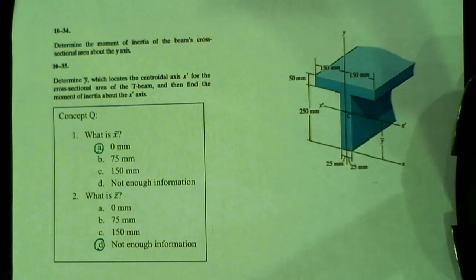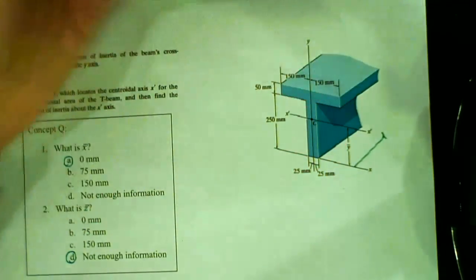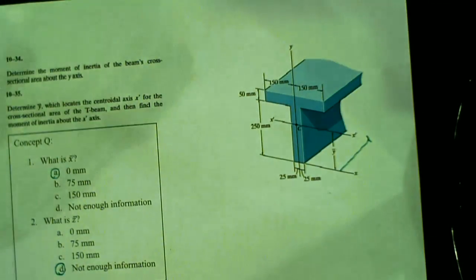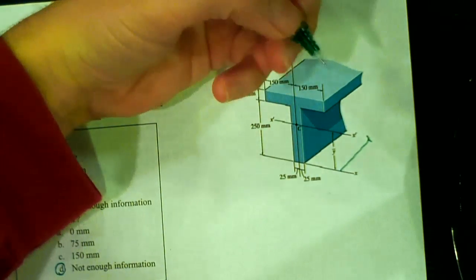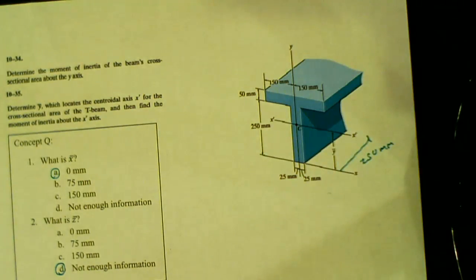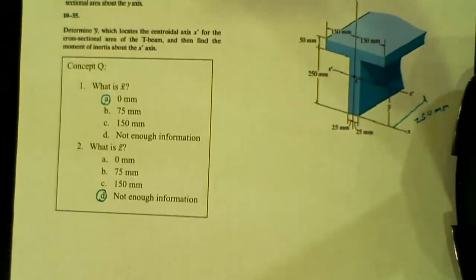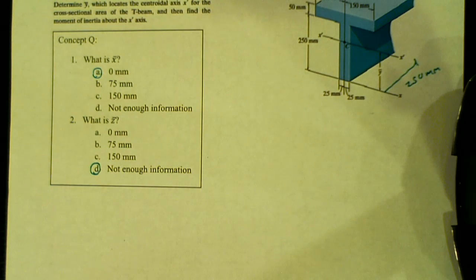If they had given you some length, say 250 millimeters, you could figure it out from there. But if it's symmetric, it would be just in the middle. So not enough info.